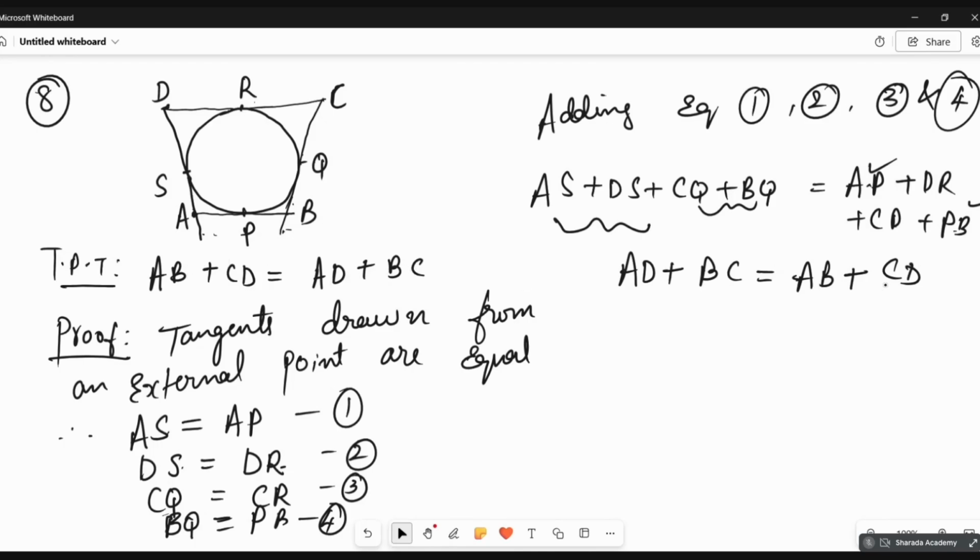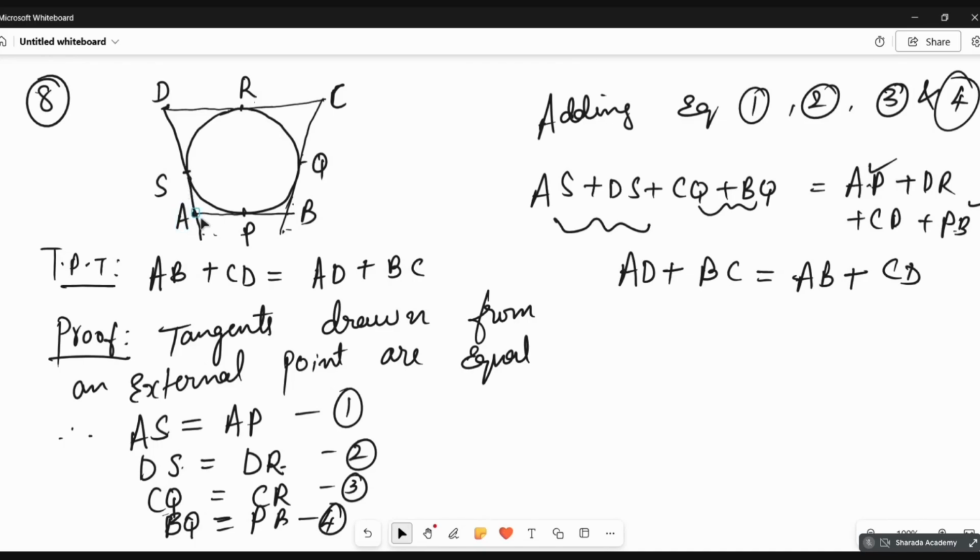Understood? Again, I'll repeat. Listen once. Here in the quadrilateral, we can't use any properties of rectangle or square, because we know it is just a quadrilateral. But we know that tangents drawn from an external point are equal.